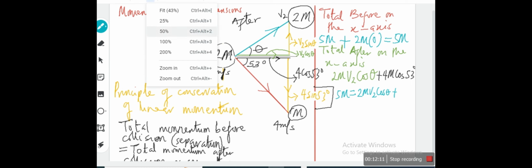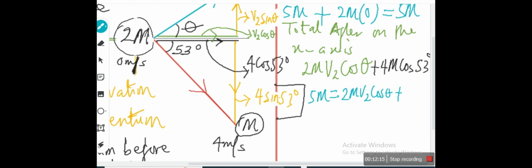I need to zoom this in a bit so I can see it better, and reduce the font size.